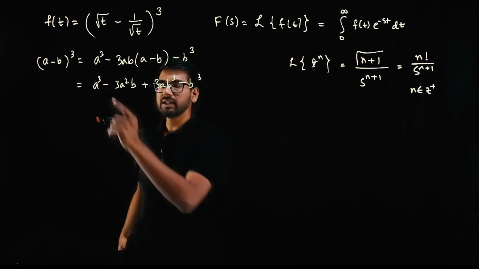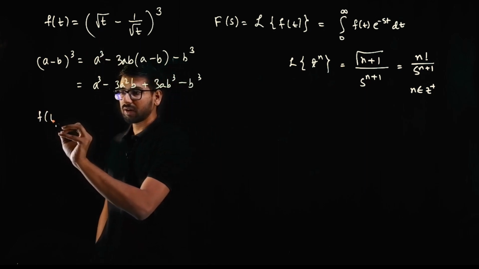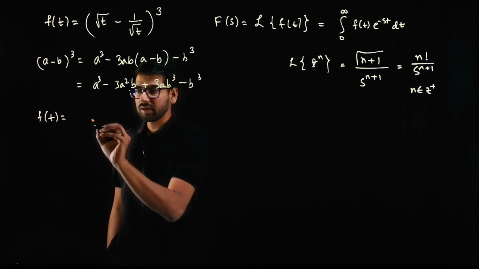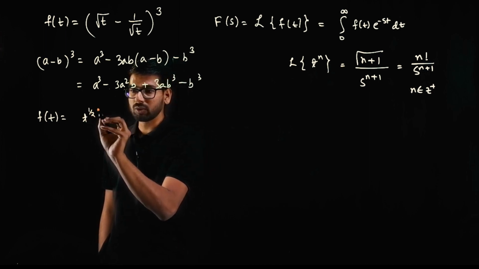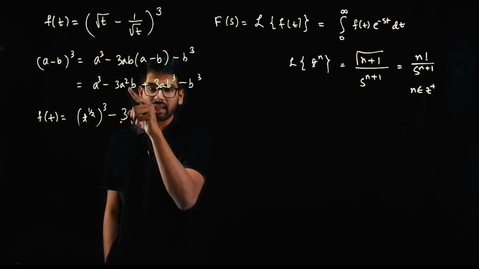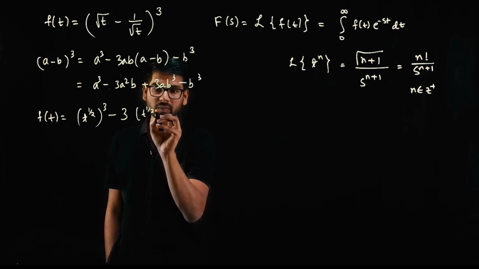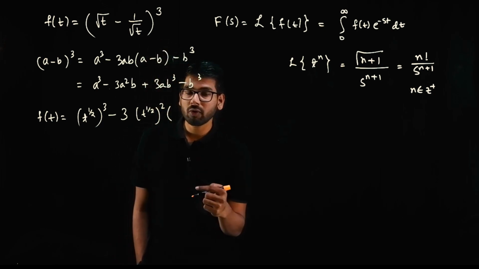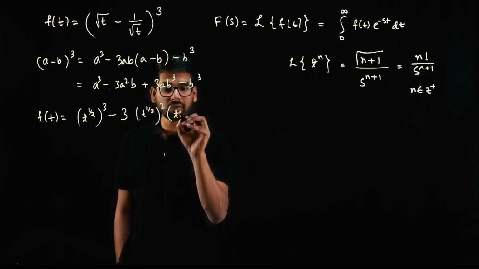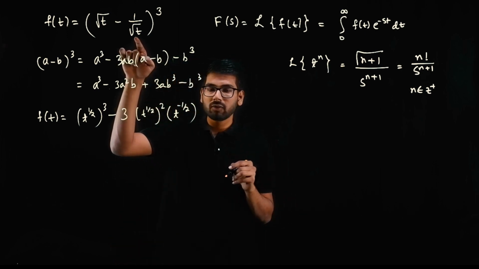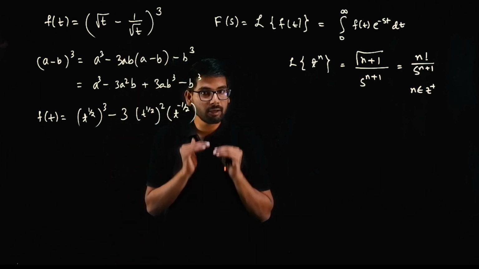Okay, so using this, what will happen to my f of t? f of t is square root of t, which can be written as t power 1 by 2, cube, minus 3 into a square, that is (t power 1 by 2) square, into b, which is 1 over square root of t. It can be written as t power minus 1 by 2, because square root of t is t power 1 by 2 and it is in the denominator.